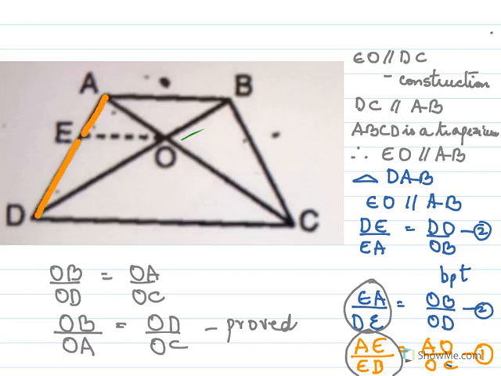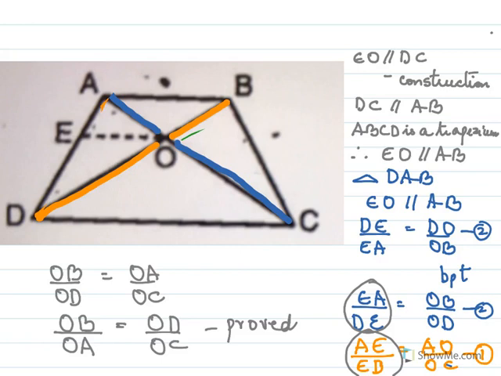So in this sum, basically what have we done? First we proved AE over ED equal to BO over DO. And we also showed that DE over EA is equal to CO over OA. Now what was common for both? This part was common, and so we erased it.